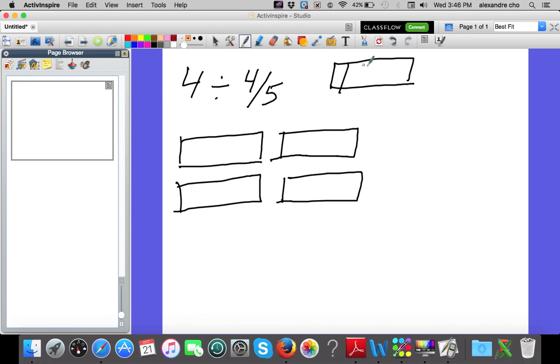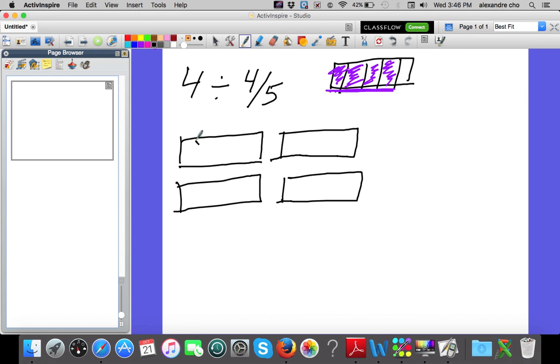You have 1, 2, 3, 4, 5, and you want to break chocolate into pieces that are made of 4/5. 1, 2, 3, 4. So you want to break them up into pieces of 4/5. That's a size that you want to give away. So from here to here. Okay. So how many 4/5 can you have in here?